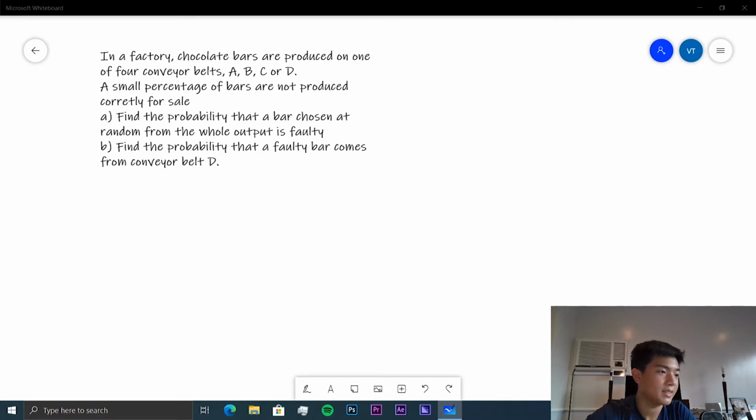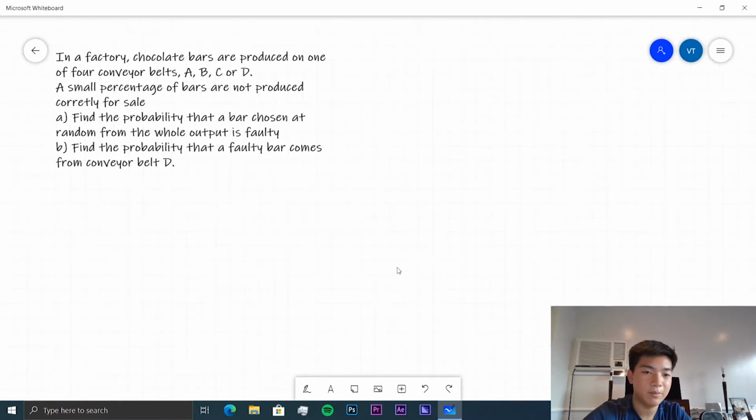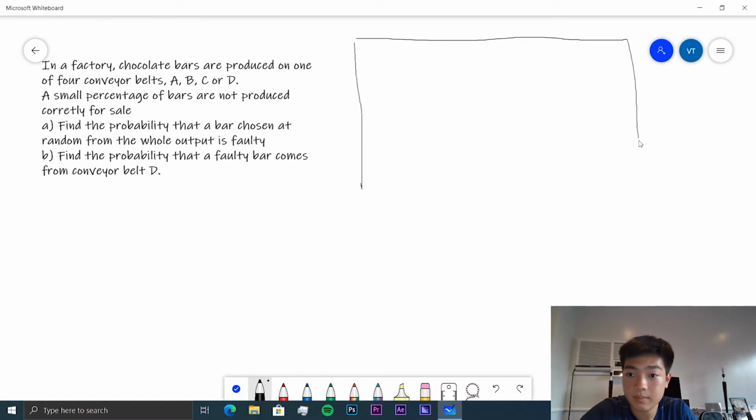I just can't remember the name. I'm looking for the name. Oh, here, Bayes' theorem. So anyways, I also have to draw a table, which I have not drawn, because otherwise, of course, this problem would be impossible. So we have the conveyor belts A, B, C, or D.